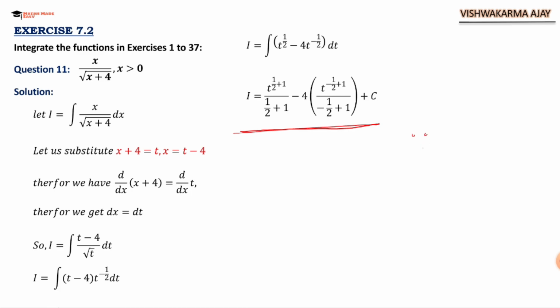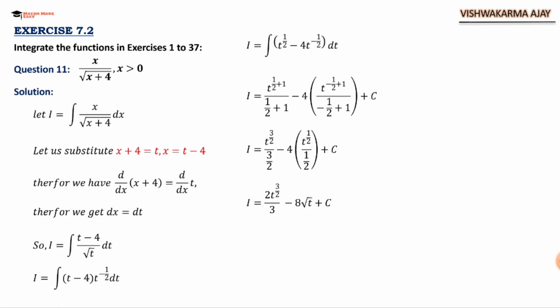Since the integral of x raised to n can be written as x raised to (n plus 1) whole divided by (n plus 1) plus c, by using this law, I can write this. Now just a basic simplification and you will reach here.